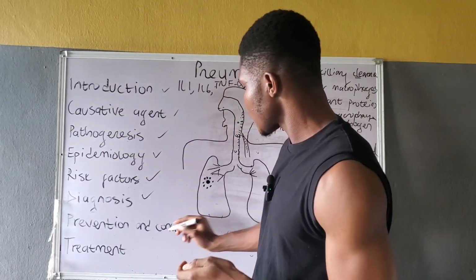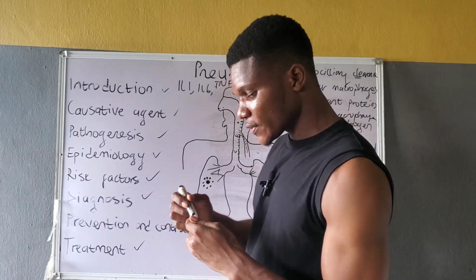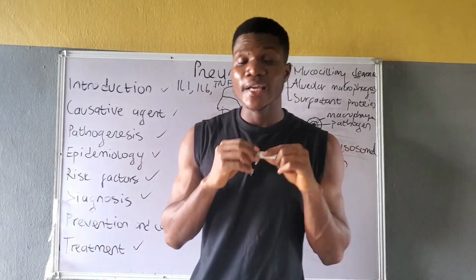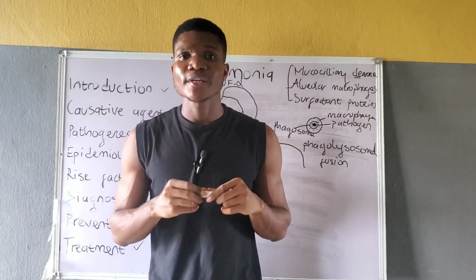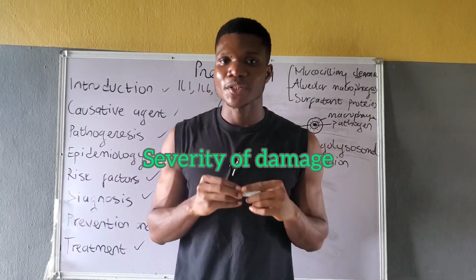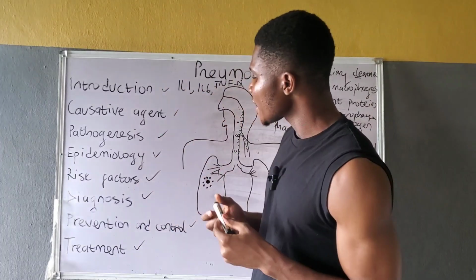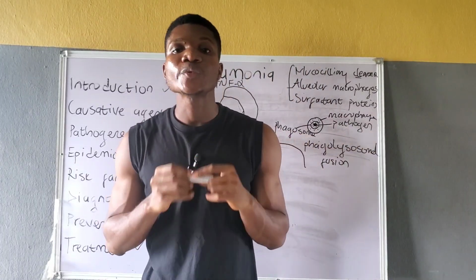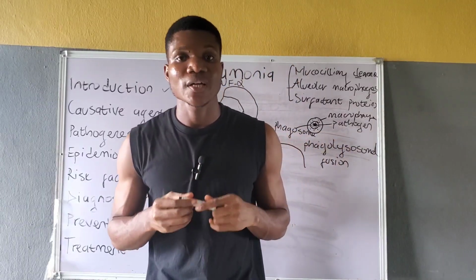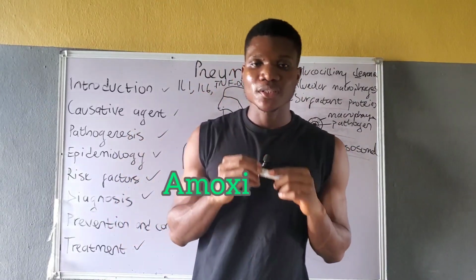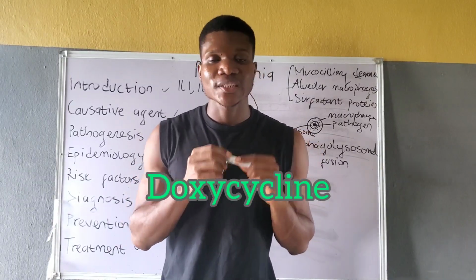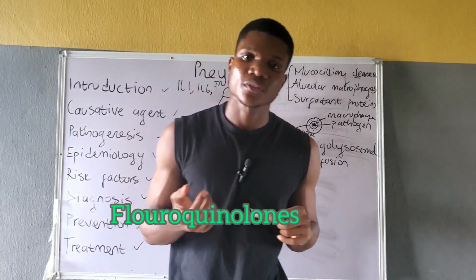Let's talk about treatment. The treatment of pneumonia is based on the age of patients, comorbidities, and severity of damage as well, right? Bacterial pneumonia is usually treated using antibiotics such as amoxicillin, azithromycin, doxycycline, and certain fluoroquinolones.